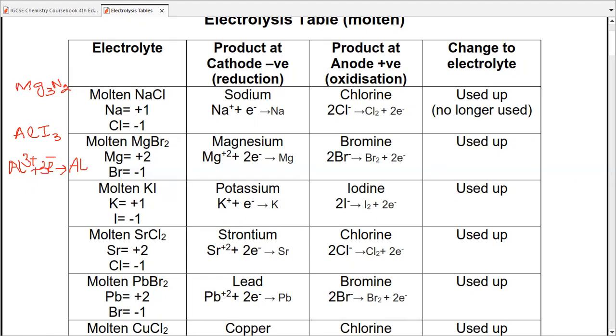Good. Since iodine's equation is already on the screen, let's skip it. Instead, let's do something which is not here on the screen. I would like you to solve CaS, calcium sulfide. Since neither calcium nor sulfur is on the screen right now, it should be totally new to you.